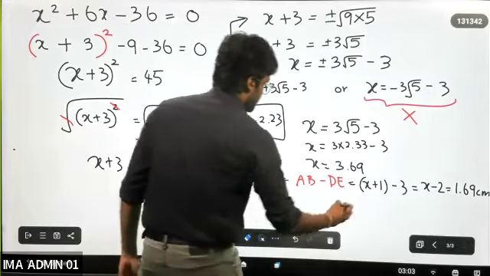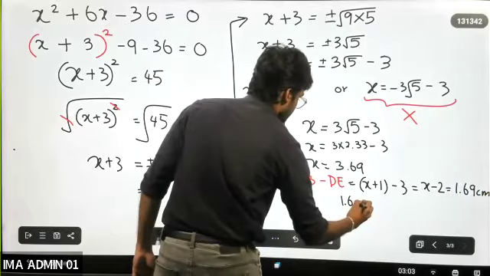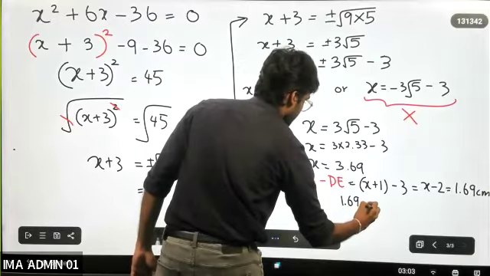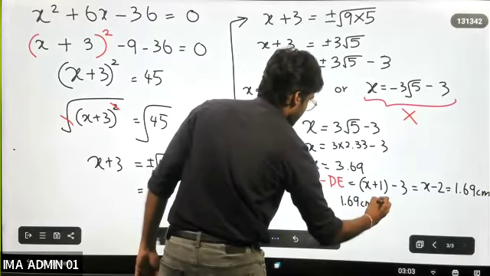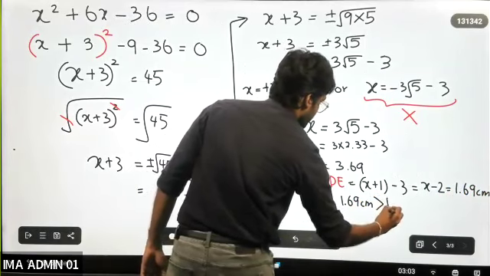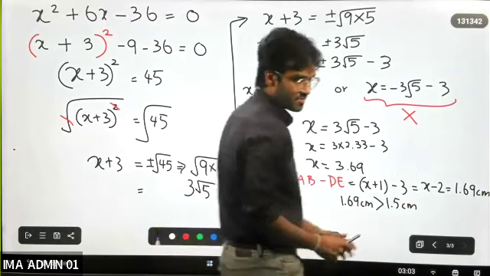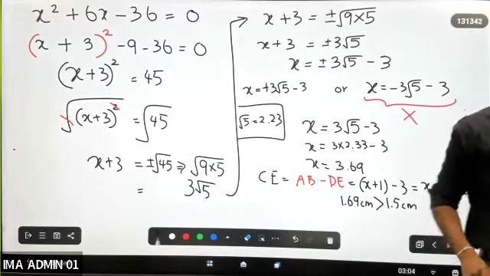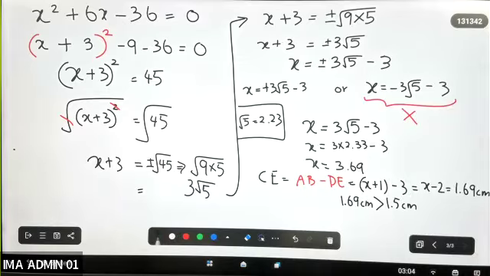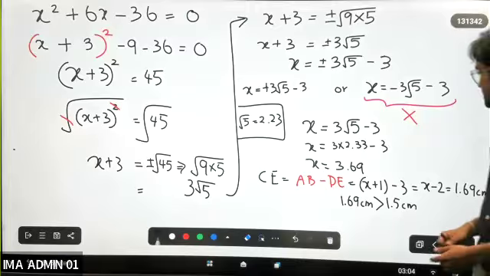So we can see that 1.69 centimeters is larger than 1.5 centimeters. That's the thing we have to find. It has to exceed 1.5. We know 1.69 is greater than 1.5, so it exceeds.